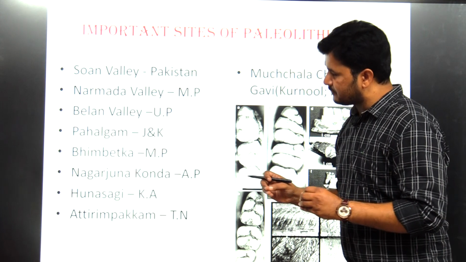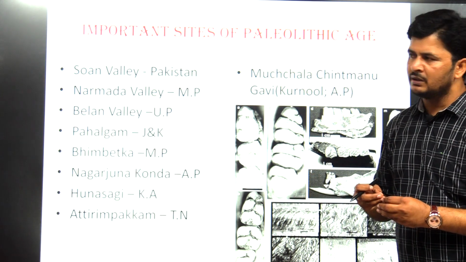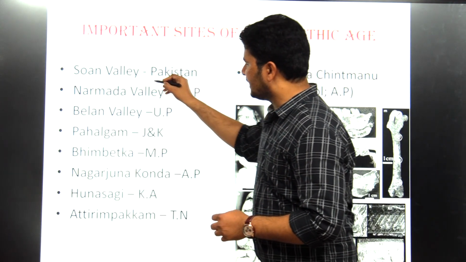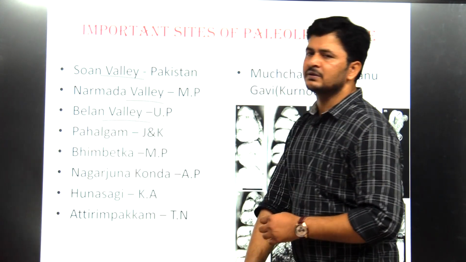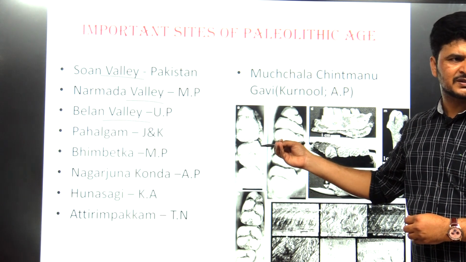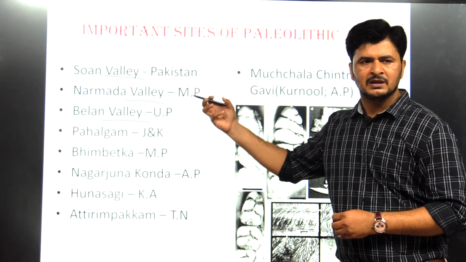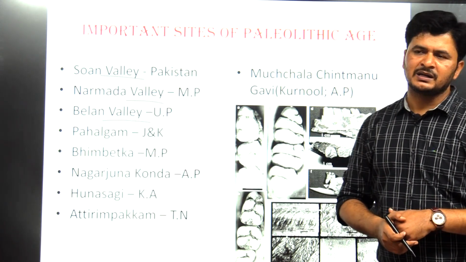When you observe the important sites of Paleolithic, Mesolithic, Neolithic and all, maximum sites are located on the banks of rivers, river valleys. Very simple logic as we discussed: caves, river valleys and all. When animals come for drinking water, you can easily attack them.